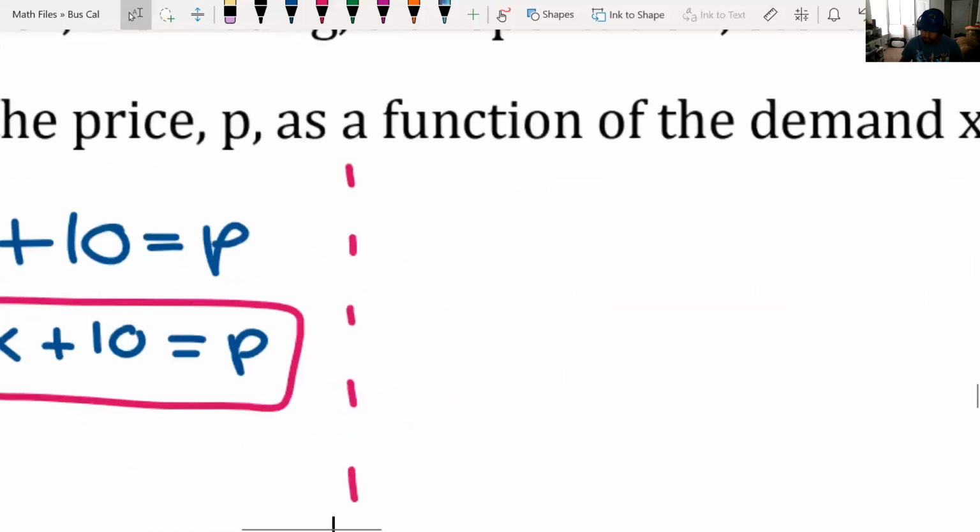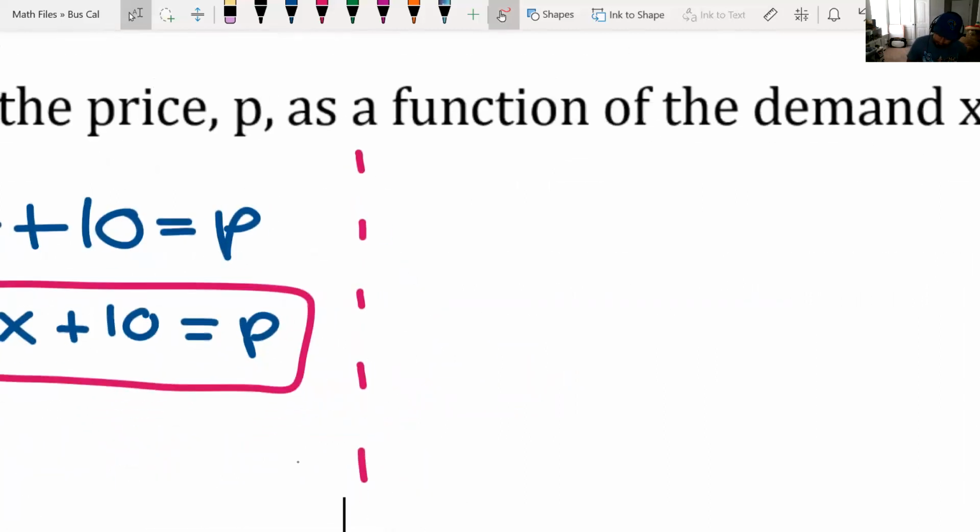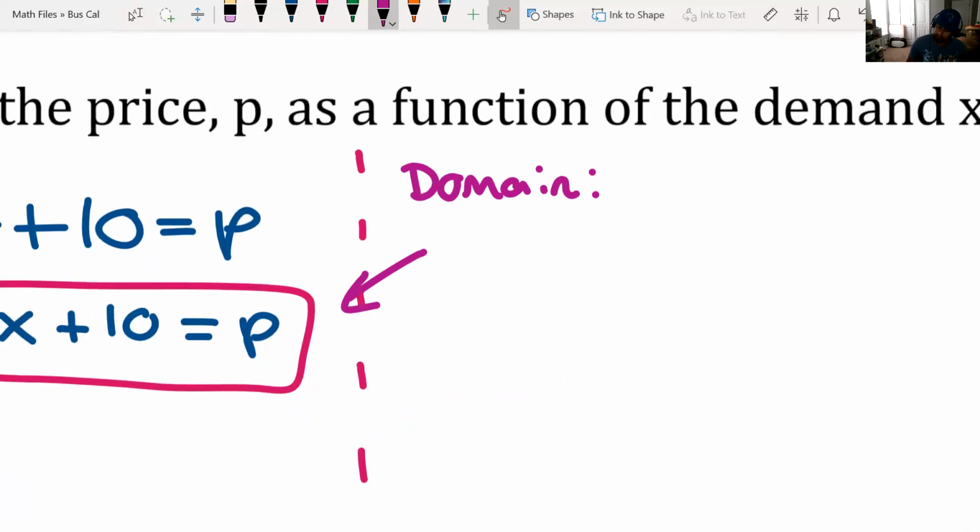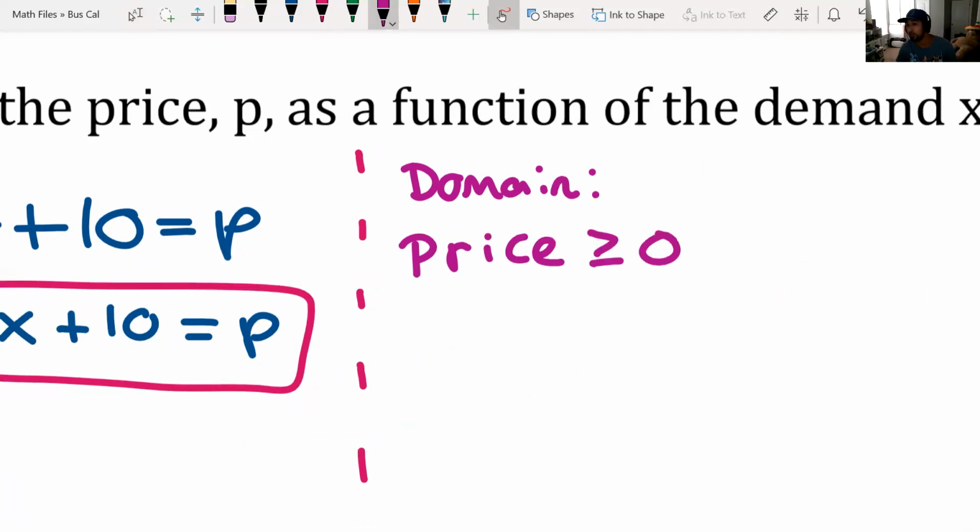So to find the domain of this function, we take our price equation here. We take price and set it greater than or equal to 0. Yes, price can hit 0 because sometimes we give things away for free to market, right? So we can say equal to 0.